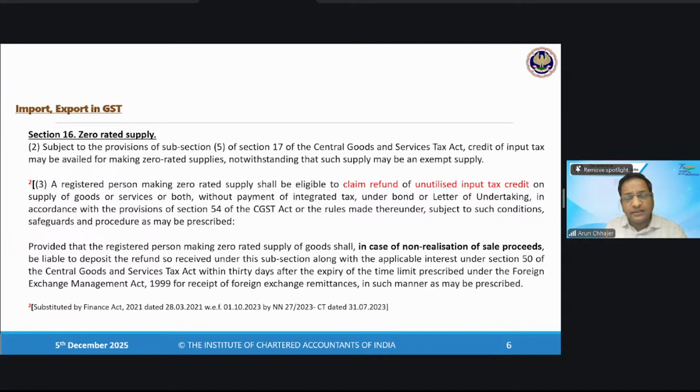Can you tell me, if your outward supply is exempted, can you take the ITC? I'm talking about a domestic transaction, not export or import. Can you take the ITC if your outward supply is exempted? The answer is no. Why no?